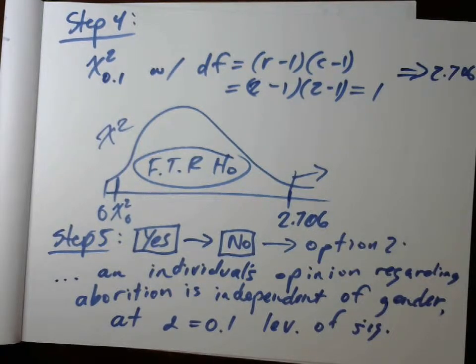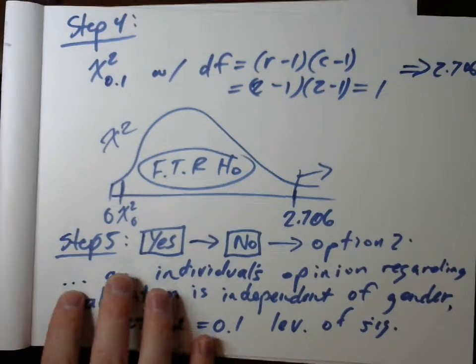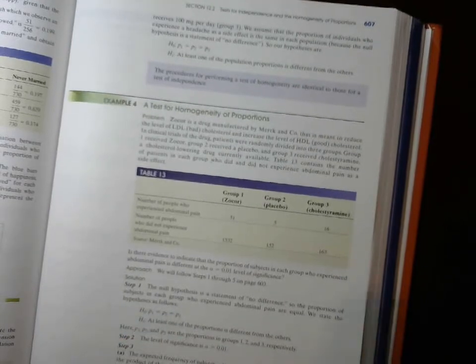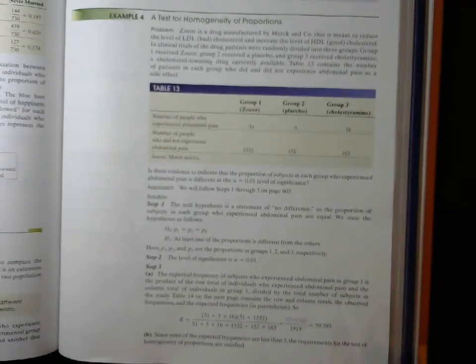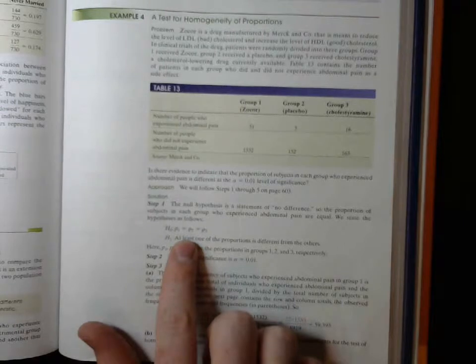Okay, so homogeneity of proportions. The only difference is how you state the null and alternative hypothesis. Instead of talking about independence, I'm not going to go over an example because it's almost identical. It's just the wording of the null and alternative hypothesis that is different.